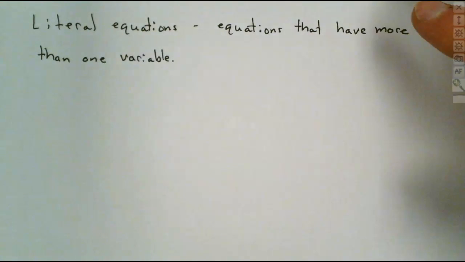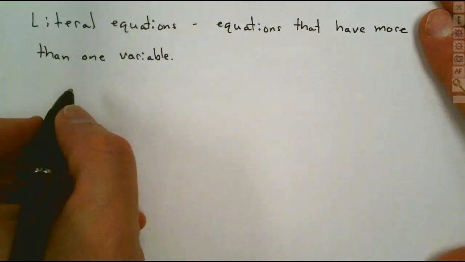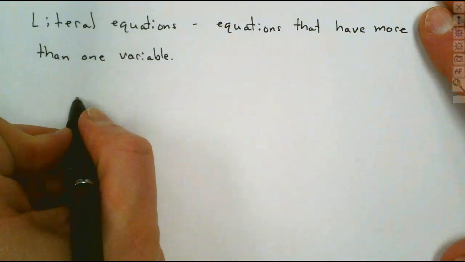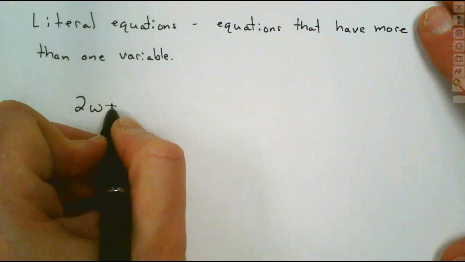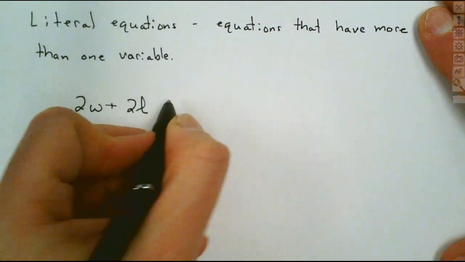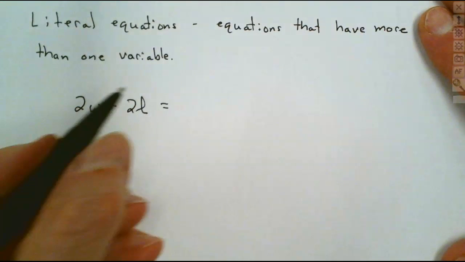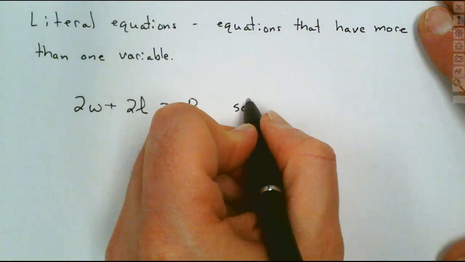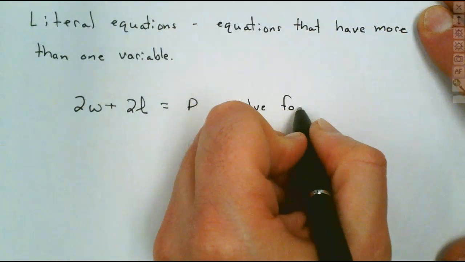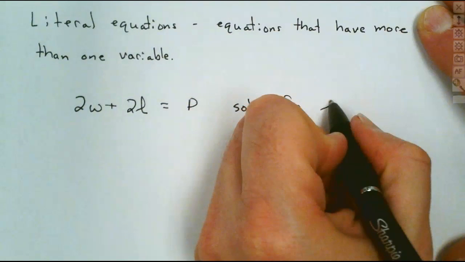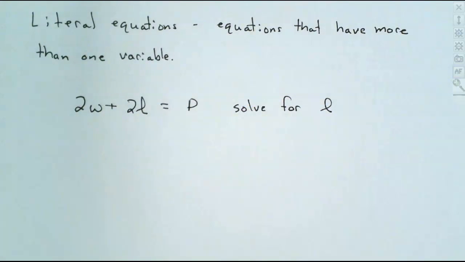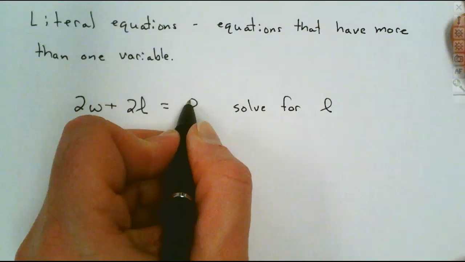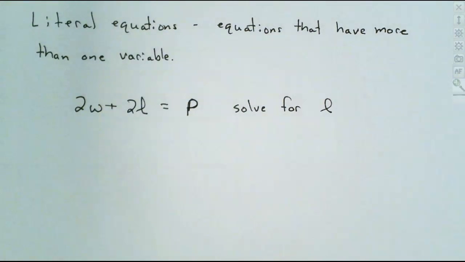So this is an example of a literal equation. So in a literal equation, we have more than one variable, and I have to specifically tell you what variable I want you to solve it for.